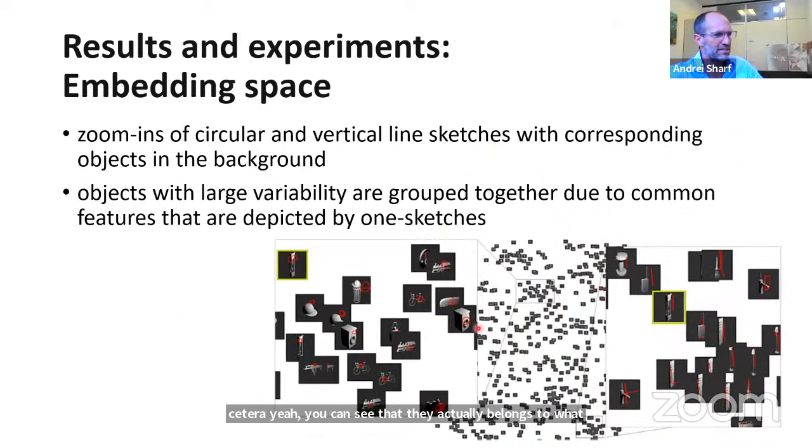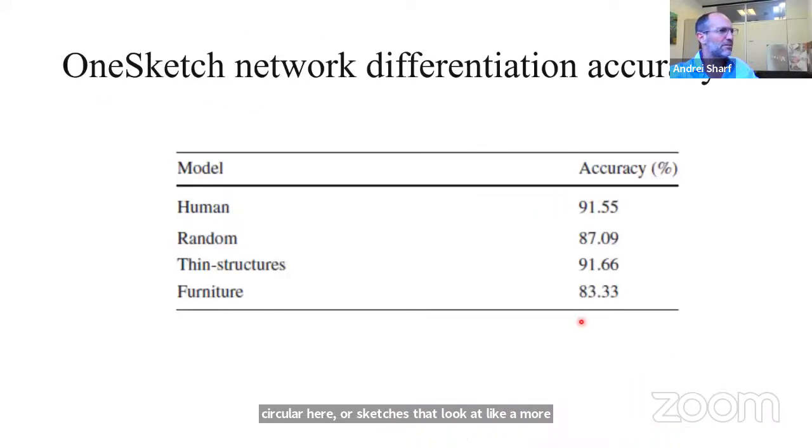So if we take some clusters from the embedding space, you can see that here are all sketches that are circular. Here are sketches that look more like line sketches, and so on. We can see that the accuracy of the differentiation is quite similar to what humans do.